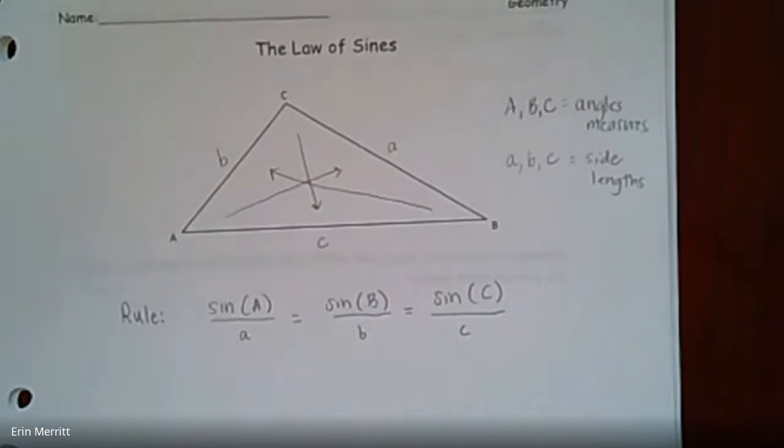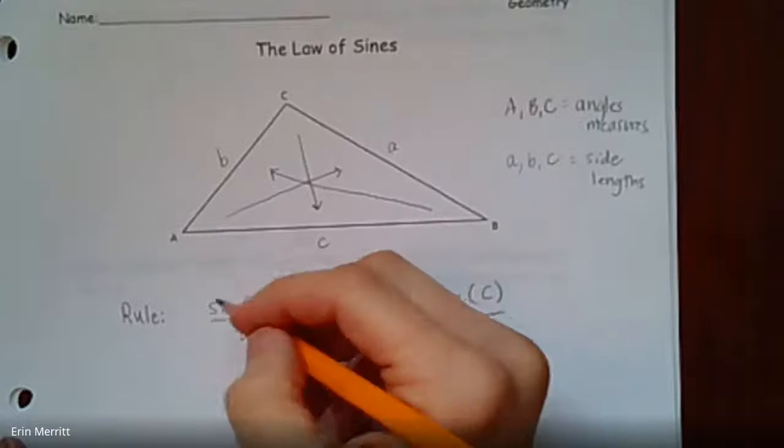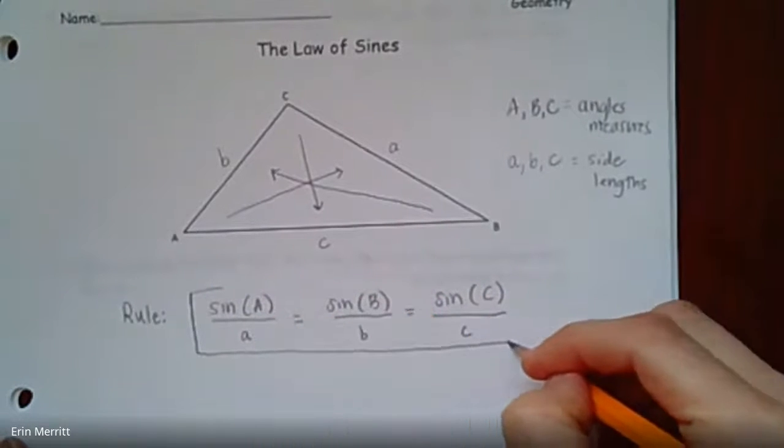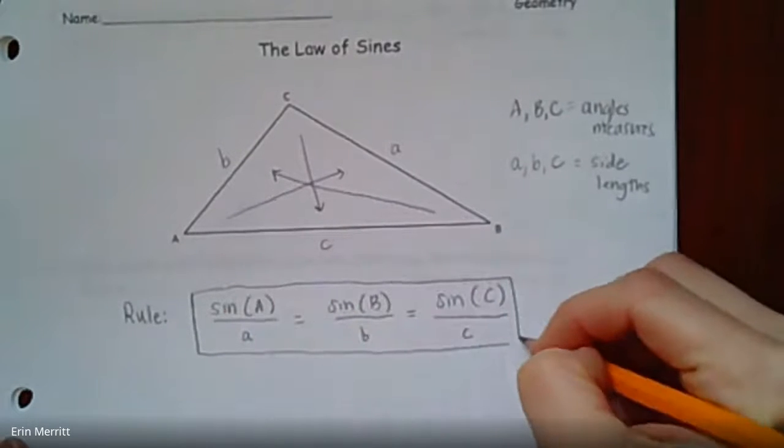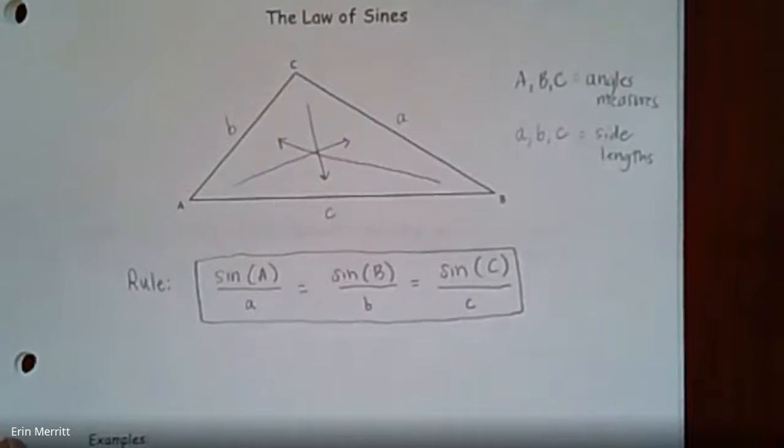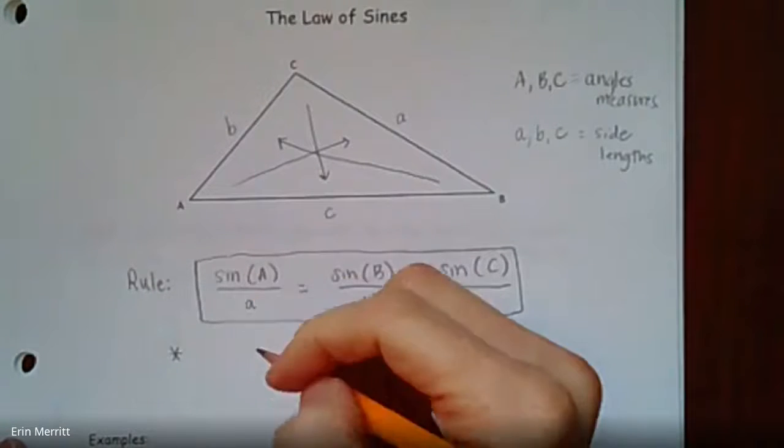So those are all proportionate. What we can do is use this to solve for missing sides and angles.